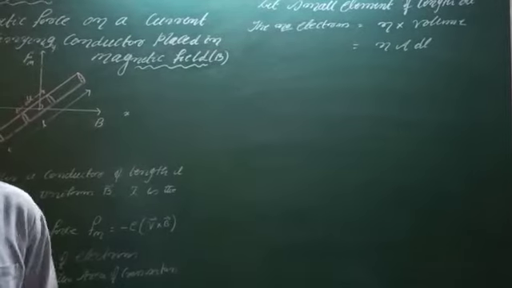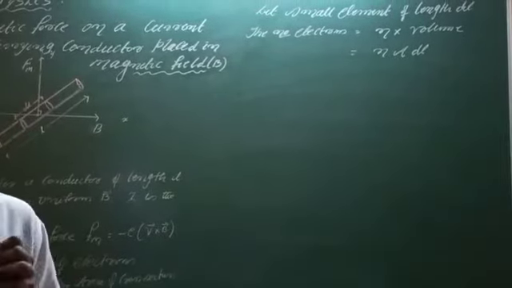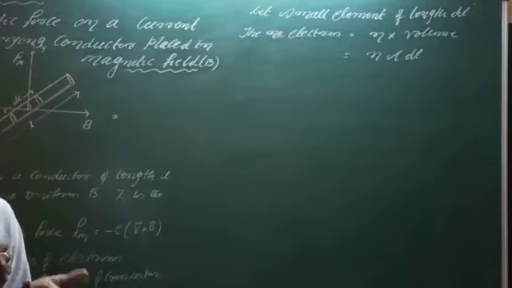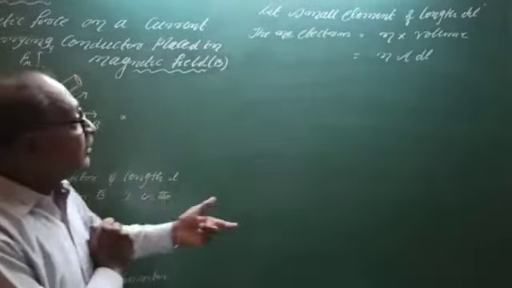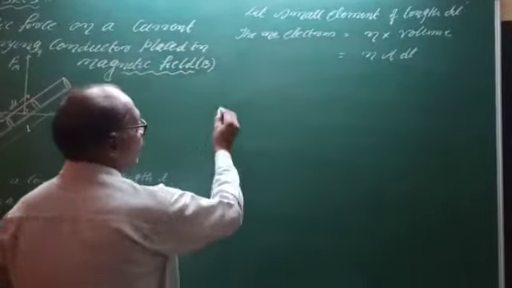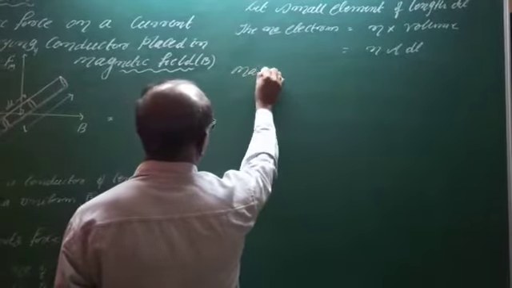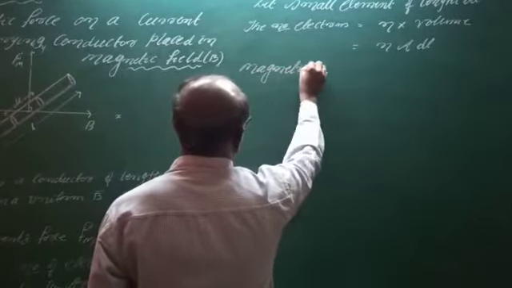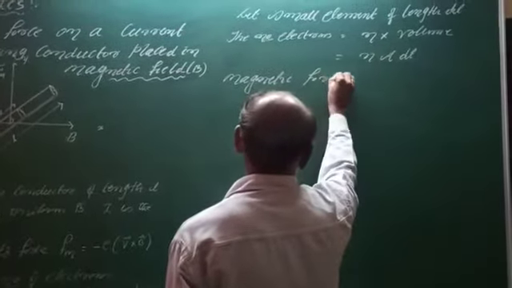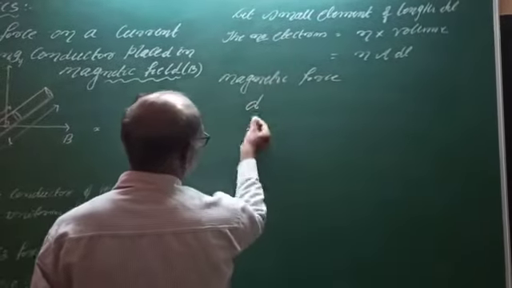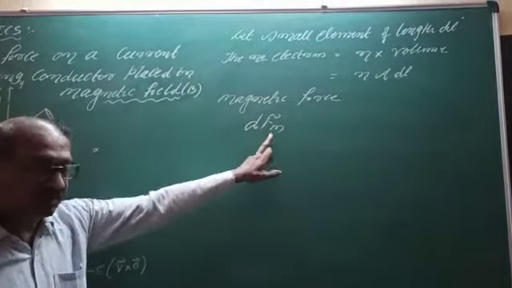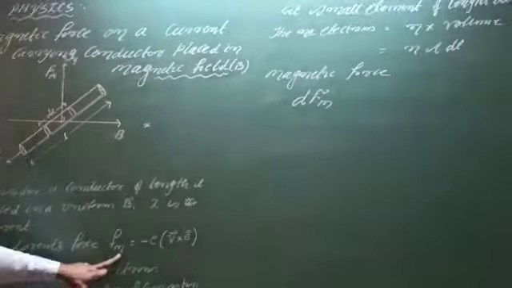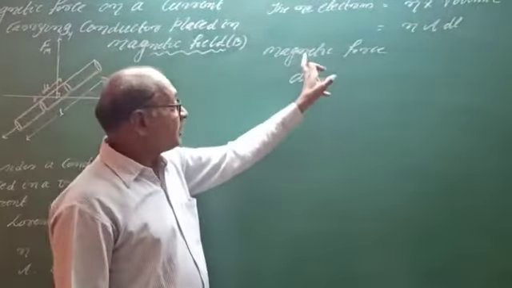Therefore the magnetic force, or we can call it the magnetic Lorentz force, in a small element is given by dF_m. Here F_m is the magnetic force in this particular element.